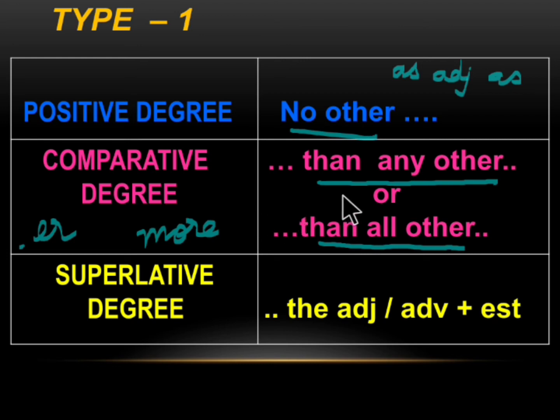Apart from that, we have than any other or than all other. In the superlative degree, it will be the adjective or adverb plus the EST form. Now let us understand these rules with examples.